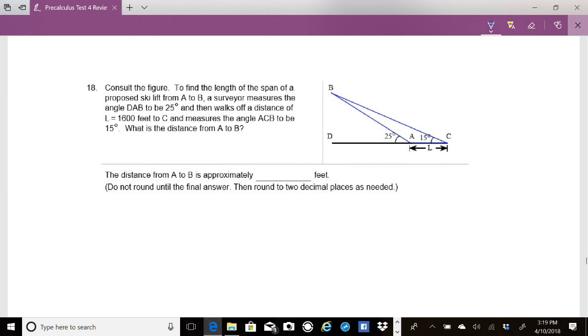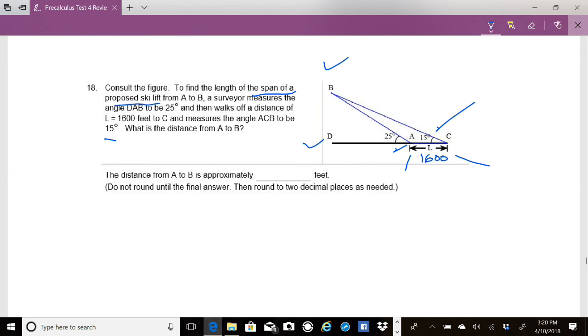Here we want to find the length of the span of a proposed ski lift from angle A to angle B, which is L. The surveyor measures the angle DAB to be 25 degrees and then walks off a distance of L equal 1,600 feet, and measures the angle ACB to be 15.